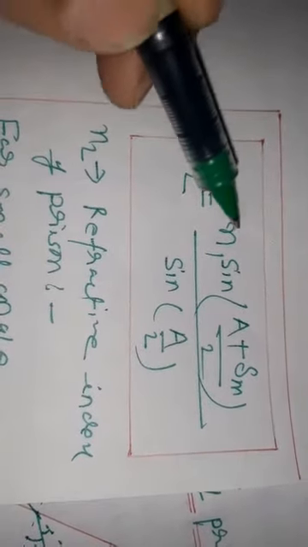Okay, so the final equation in terms of the refractive index of our prism is n2 equals n1 sine (A plus delta m) upon 2 divided by sine A by 2, where n2 is the refractive index of the prism. For a small angle, sine (A plus delta m) upon 2 equals (A plus delta m) upon 2, and sine A by 2 equals A by 2.